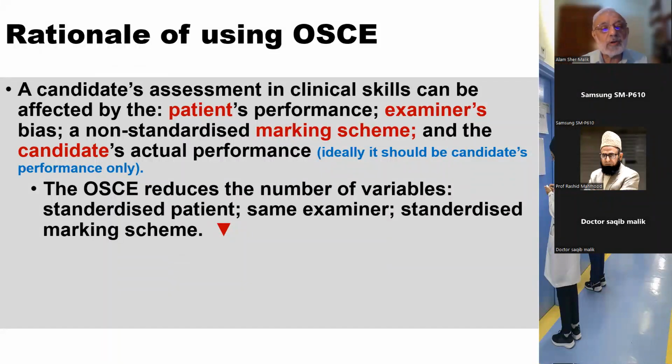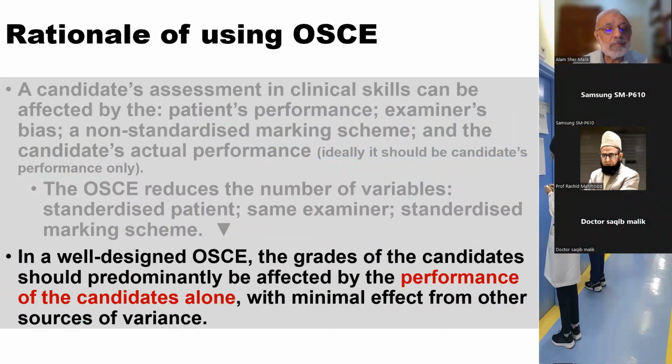So the beauty of OSCE is that it reduces the number of variables by using standardized patients, the same examiner, and a standardized marking scheme. Therefore, in a well-designed OSCE, the grades of the candidates should predominantly be affected by the performance of the candidate alone, with minimal effects from other sources of variance.